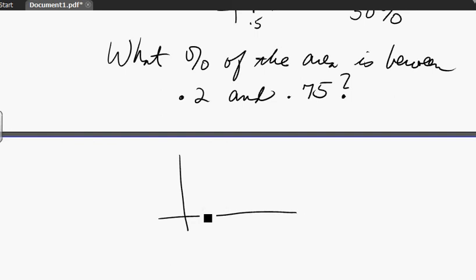Let me think about what that looks like. Here's 1. Here's 0.5. Here's 0.2 here somewhere. Here's 0.75 here somewhere. Go straight across at y equals 1. What percent of the area is between these two lines?